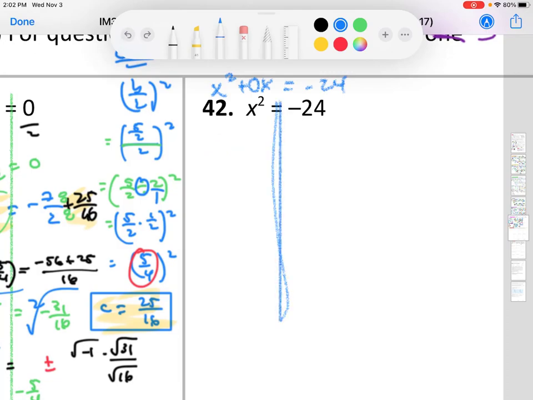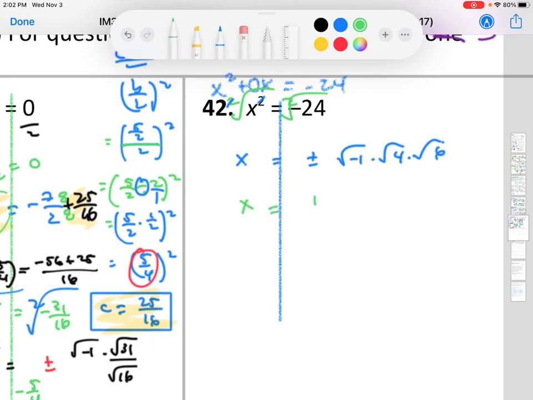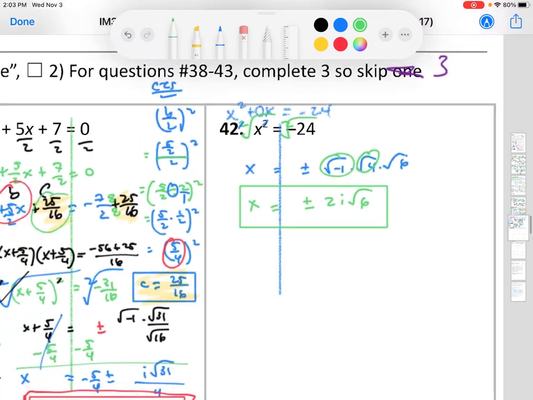It looks so simple, but you could just simply take the square root of both sides. You're going to be left with x equals plus or minus, let's see, negative 1, 4, and 6, right? Negative 1 times 4 times 6 is negative 24, so that'll become 2i radical 6. Whoop whoop!